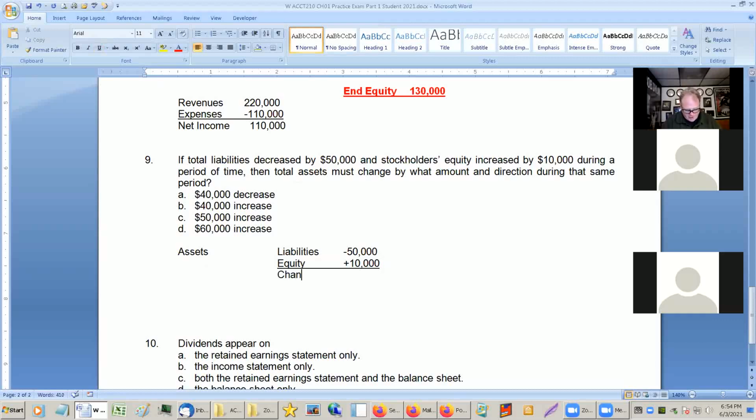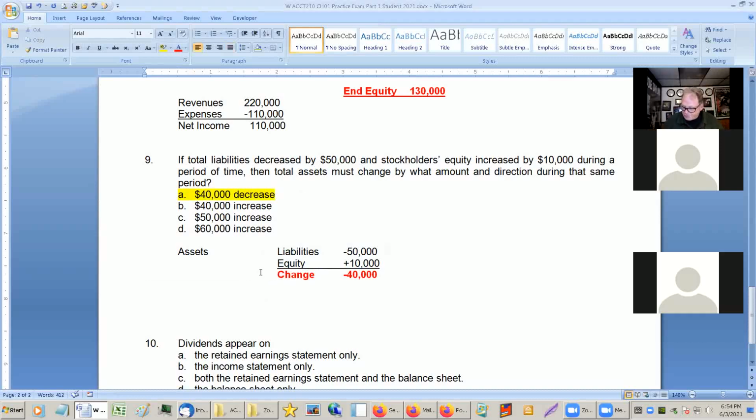So the change for that side would be minus 40,000. If this side changes by 40,000, goes down, then this side has to go down by 40,000. Very good. So liabilities and equity, these two sides have to equal.